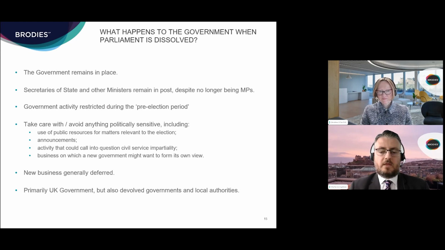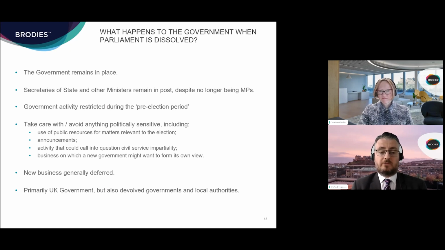And that restriction basically takes the form of advice to civil servants primarily, requiring them to take care, at least take care with and possibly avoid anything that's politically sensitive during the campaign period, including the use of public resources for matters that might be relevant to the election, so that might swing some people's votes.